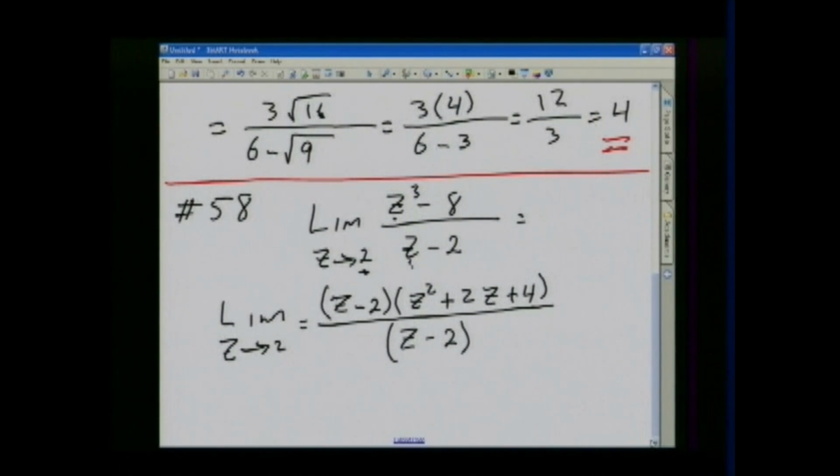So you can see now it can be simplified because z minus 2 in the denominator and z minus 2 in the numerator would cancel.